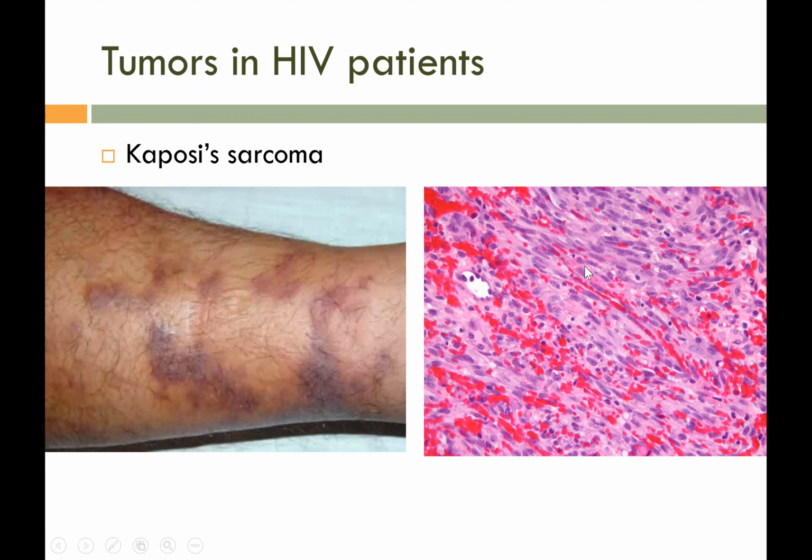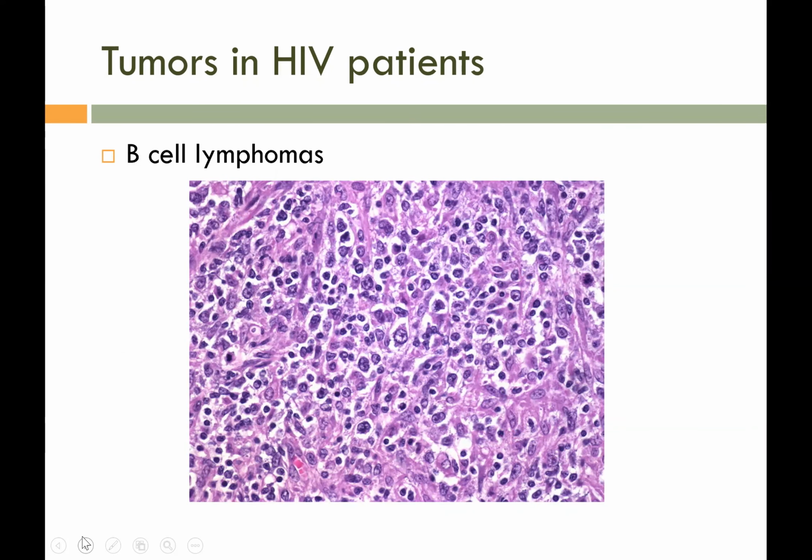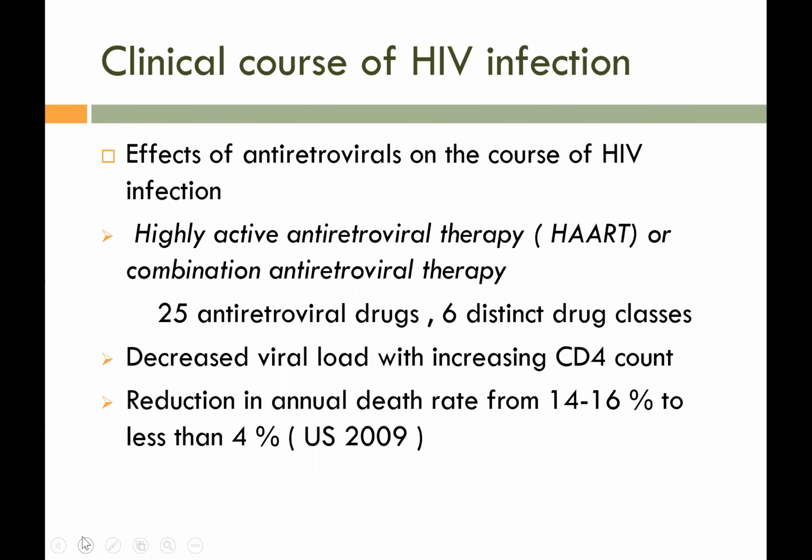These are the typical proliferation of spindle-shaped cells, which when you do immunostain will show markers for both endothelial and smooth muscle cells. It's expected to be a vascular tumor, which suggests that it arises from primitive precursors of vascular channels. Lymphomas are also very common, and this is a classic histologic exam of a lymph node exhibiting lymphoma.